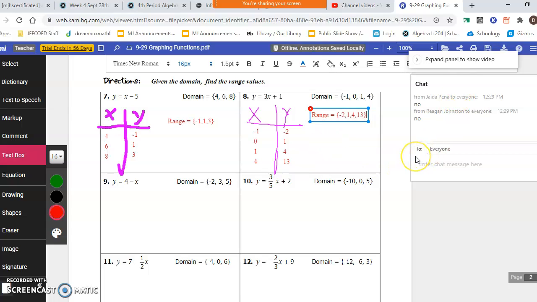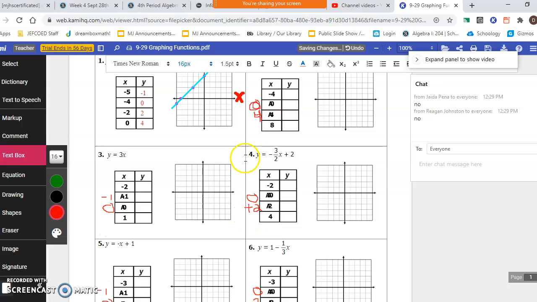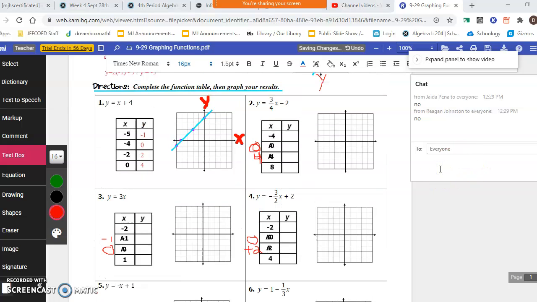All right. If you guys don't have any questions, I'm going to list out your homework for you. You guys are going to complete 2 through 6.